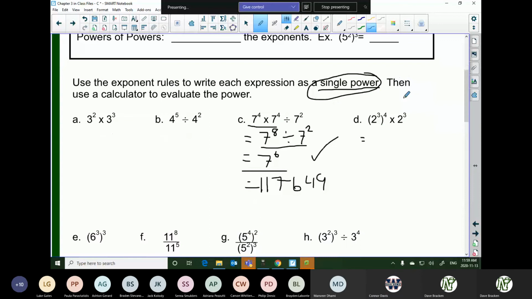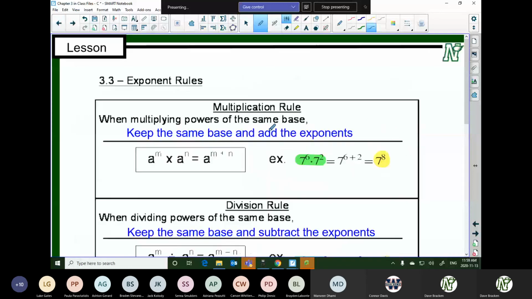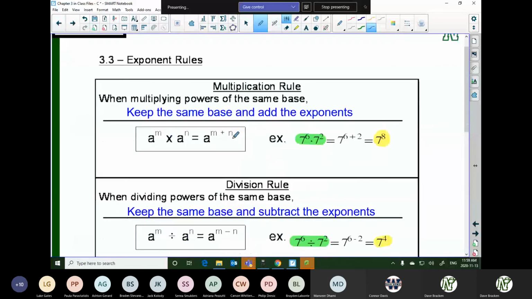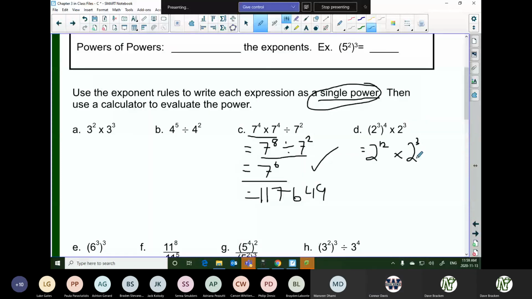Okay. So when we go here, our first step is to keep the base. And when we multiply, we get 12 up top. And then we just keep 2 to the power 3. Now, what's the rule, Connor, when we multiply with like bases? When we multiply with like bases, what did we do to our powers? To add. Add them together. So what would be my final statement here?